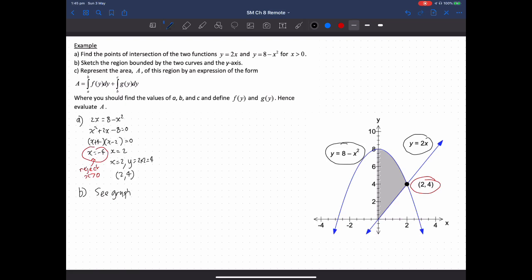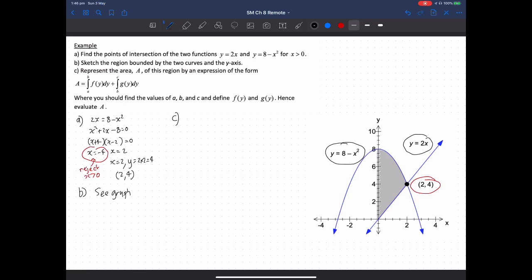That brings us to part C of the question. Represent the area A of this region by an expression of the form. Now, if you have a look at it, the expression has functions of y. What we have is functions of x. So it doesn't matter which one I call f(y) and which one I call g(y).